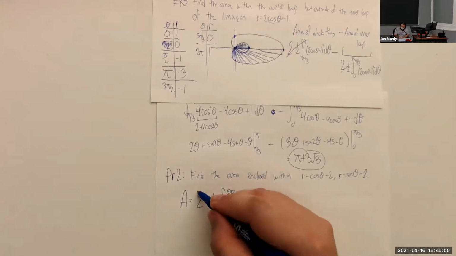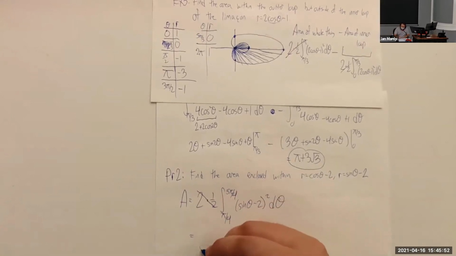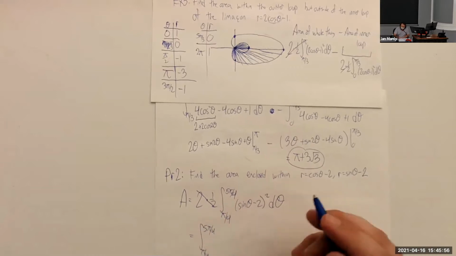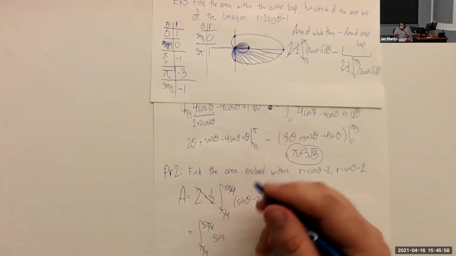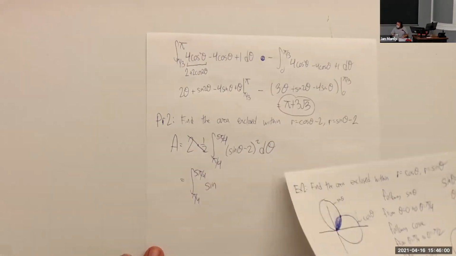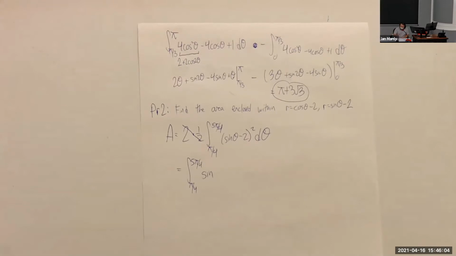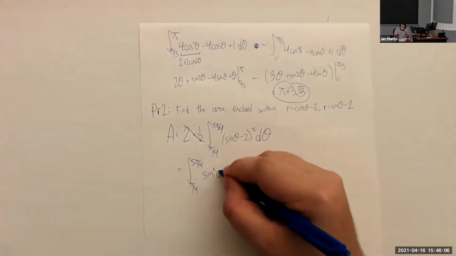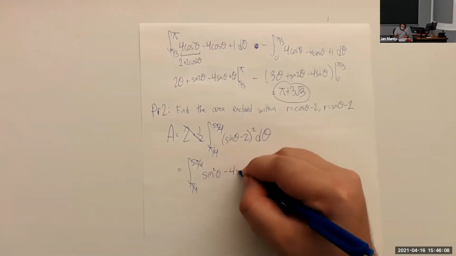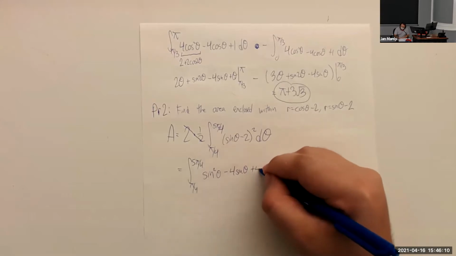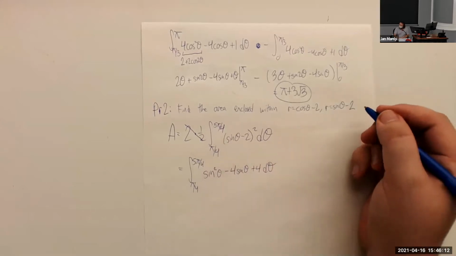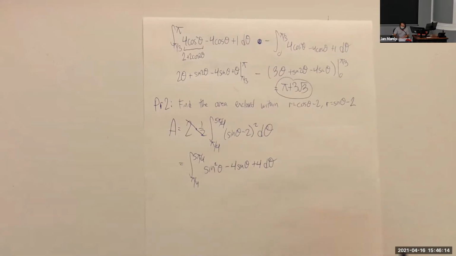So the 2 and the 1/2 cancel. And if I were to FOIL this, I would have sine squared of theta minus 4 sine of theta plus 4 d theta right here.